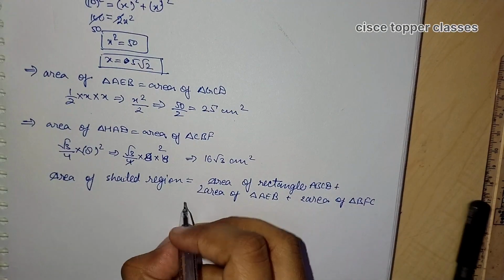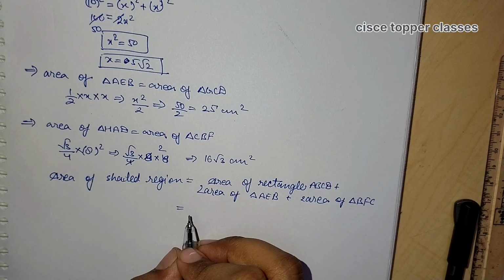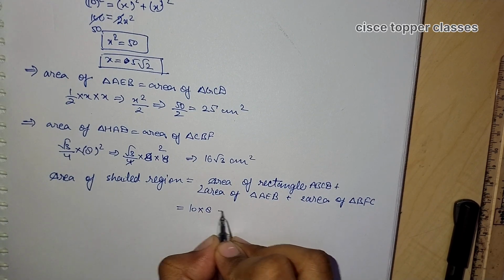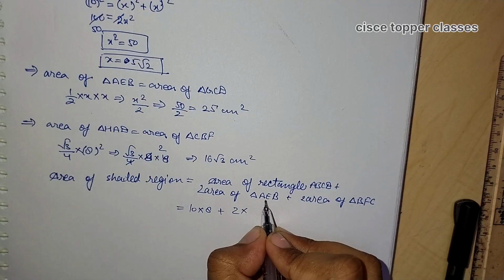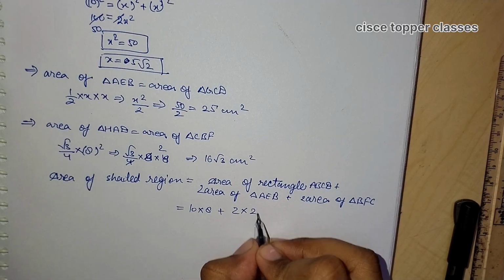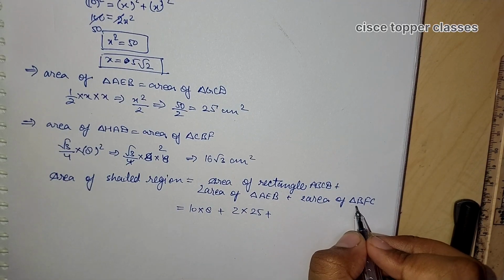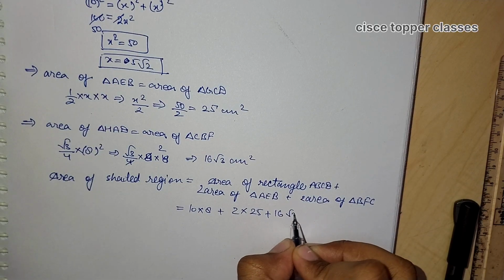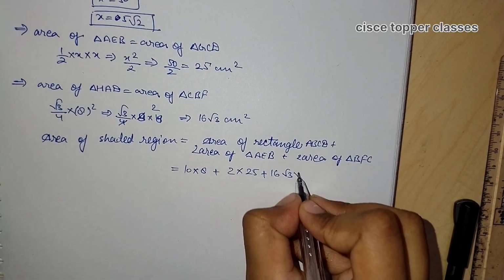So here we can write area of rectangle ABCD as 10 into 8 because the formula is length into breadth, plus 2 into area of triangle AEB, which will be 25. Again 2 into area of triangle BFC because there are two equilateral triangles. So this will be 16 under root 3 into 2.